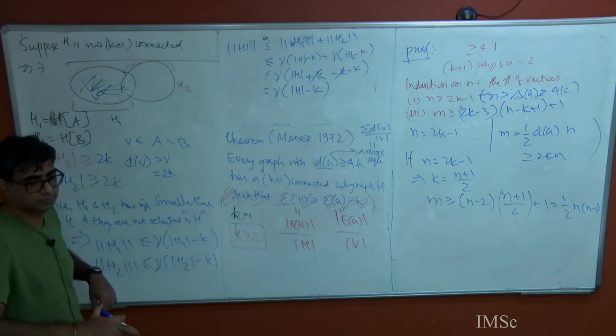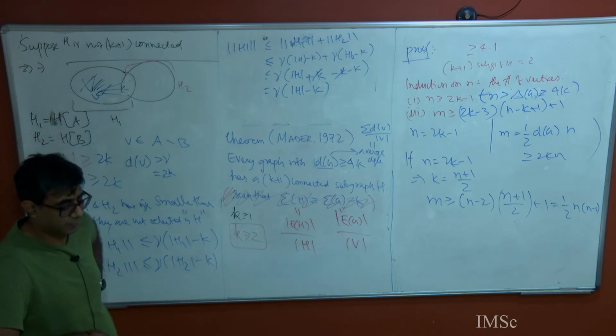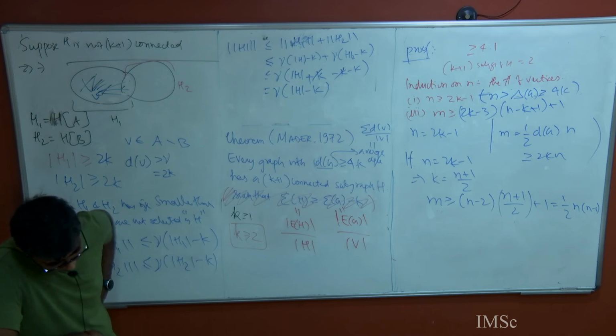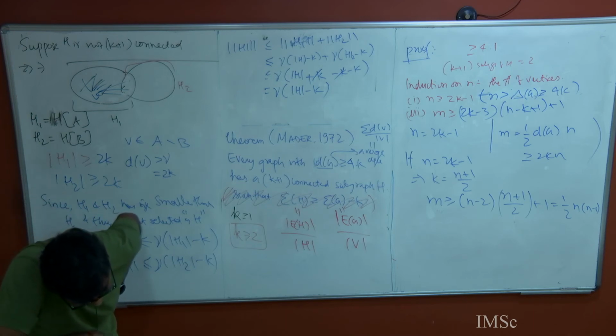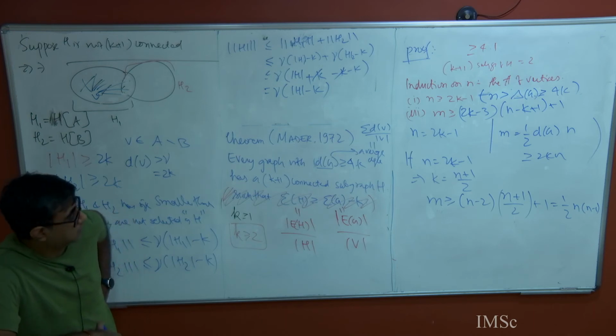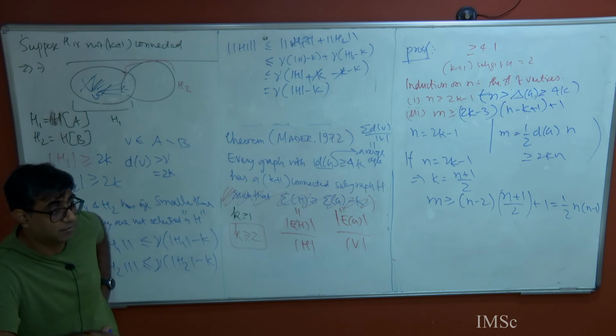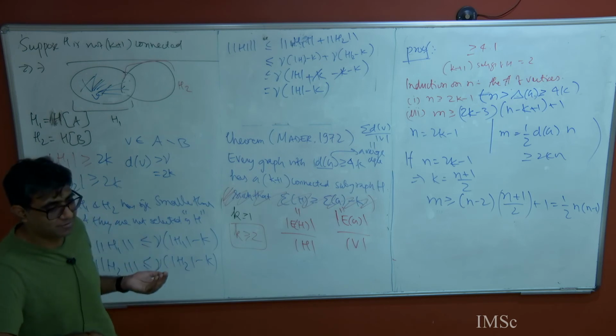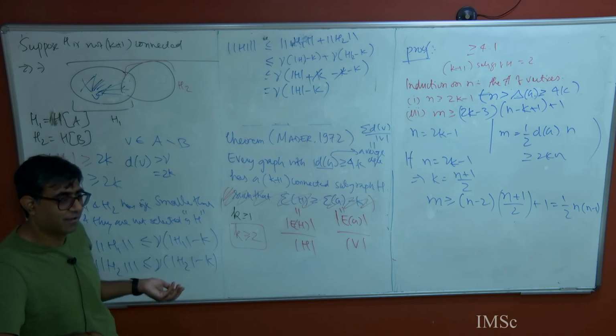So what is this graph? Let's see. What is this? Yes, m is more than this, right? So basically, our graph is a clique.